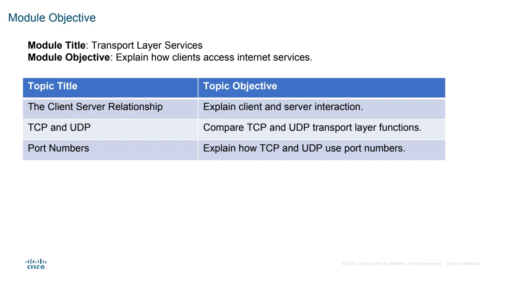TCP is suitable for applications that require reliability and accuracy. UDP is required for applications that need streaming and speed, such as VoIP. Also, transport layer protocols use port numbers.